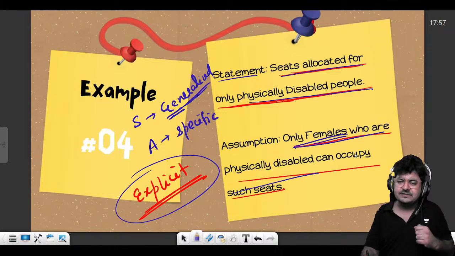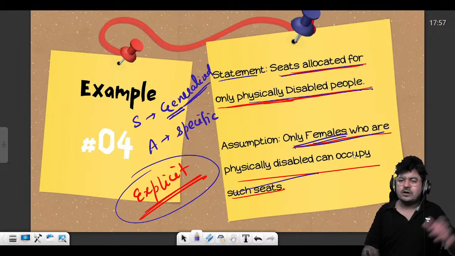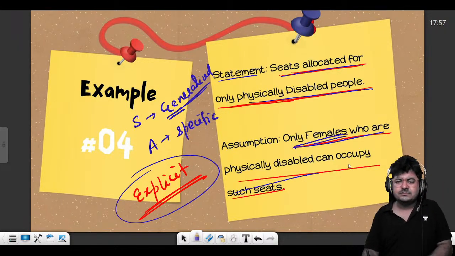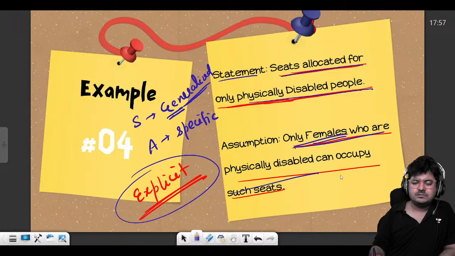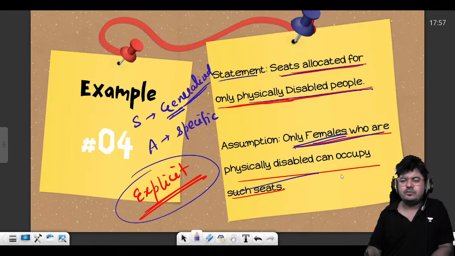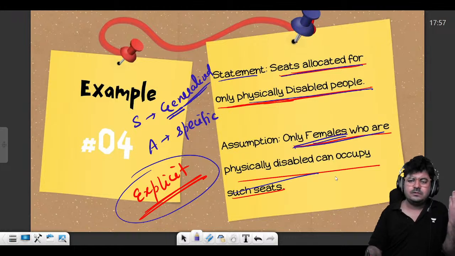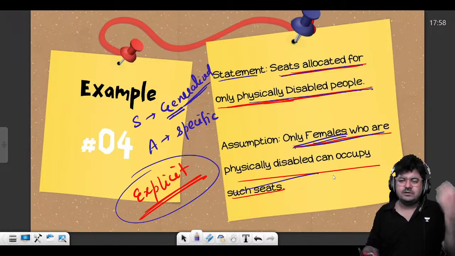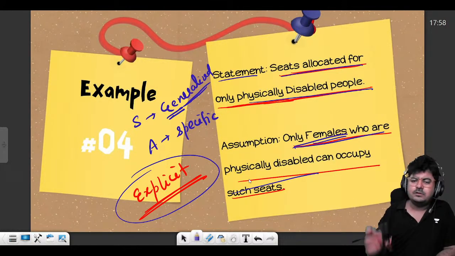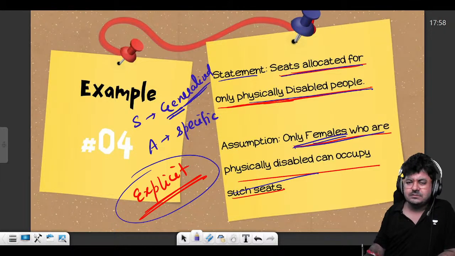What about the males or transgenders or other genders or LGBTQ community? So they are being specific. So it is a false assumption.